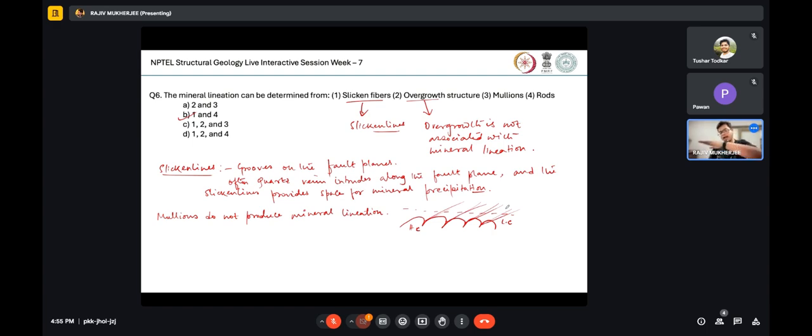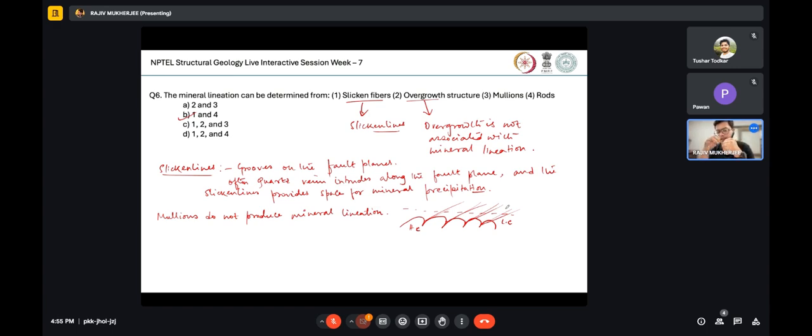So when do we observe the mullions? Only when the overlying low competence layer is being eroded, then only we can find exposed mullions. So these are like little hinges of the rocks, fold hinges.